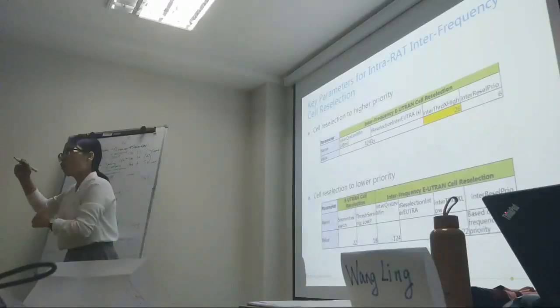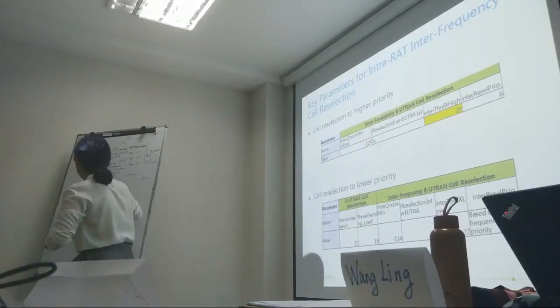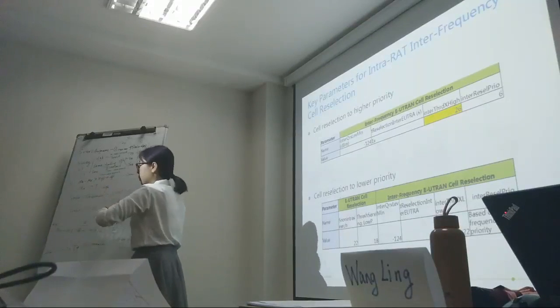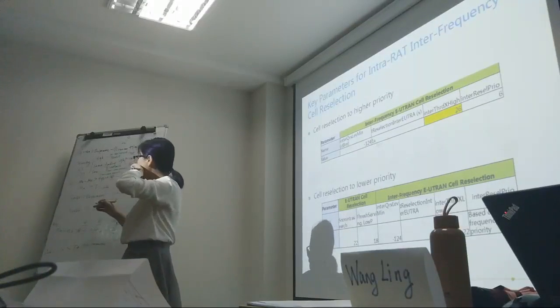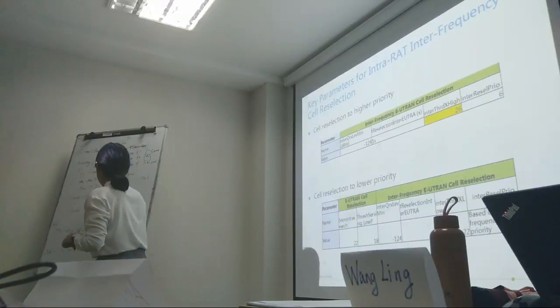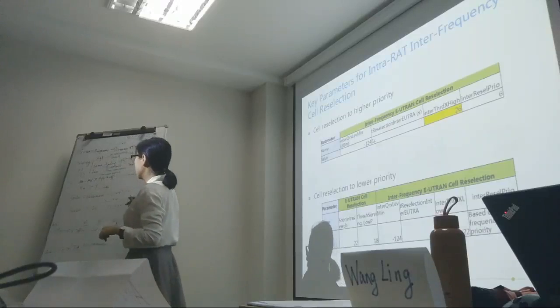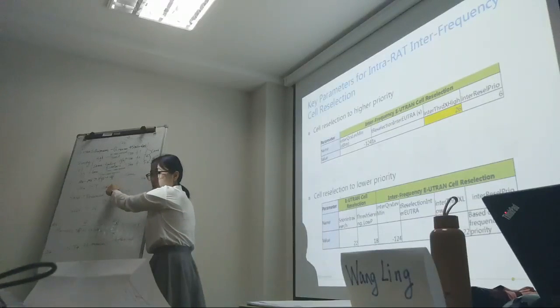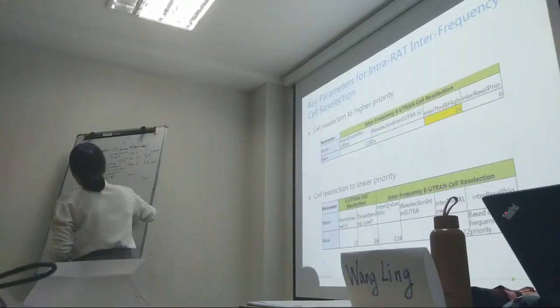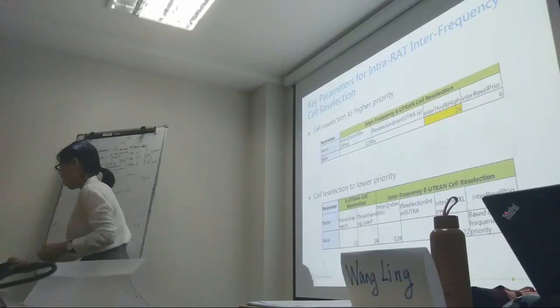The UE will go to the neighbor cell. So can you get this value? So actually, this threshold, you can get it. Okay, I don't get this threshold. Just that you calculate this.